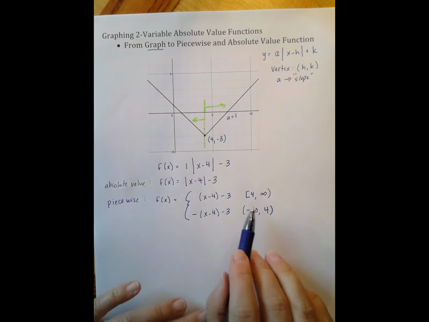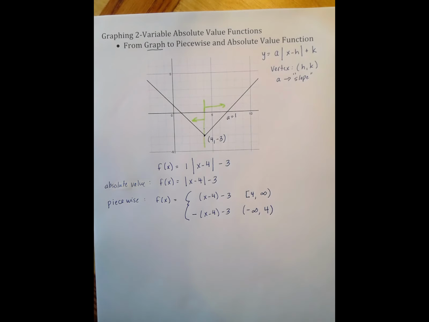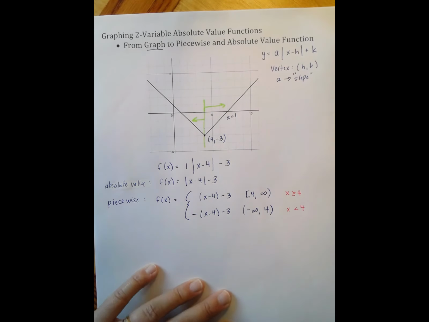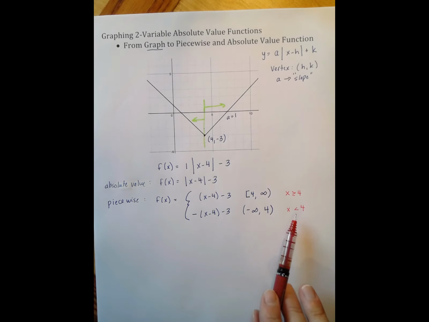But you could have used brackets and parentheses the other way. Just to note, you could also write this as x is greater than or equal to 4 and x is less than 4. You don't have to use interval notation. You can use set notation, but make sure that you're using the notation specified by your teacher.